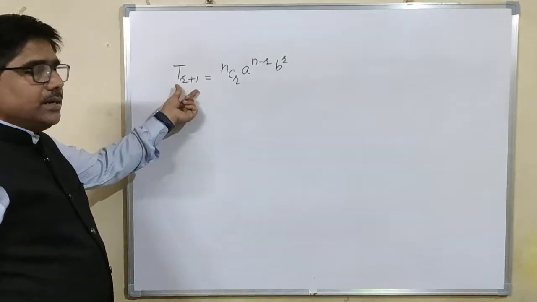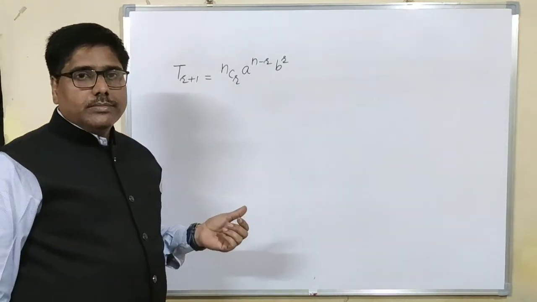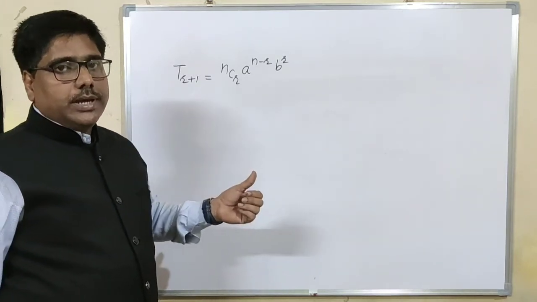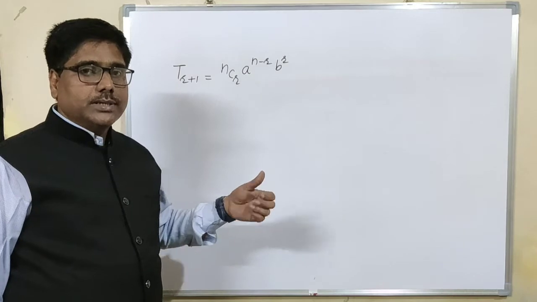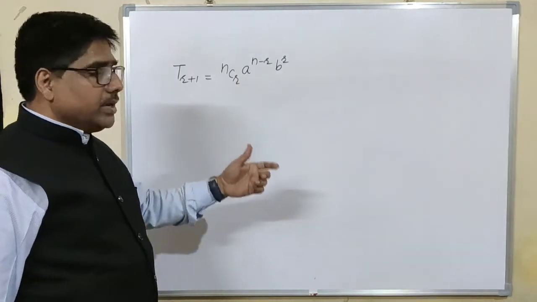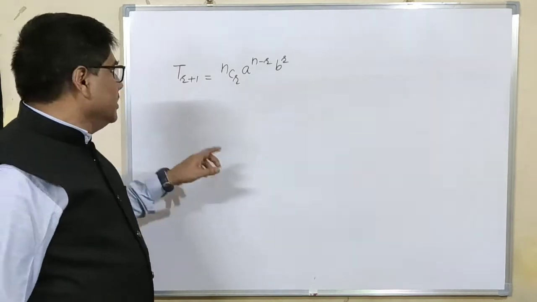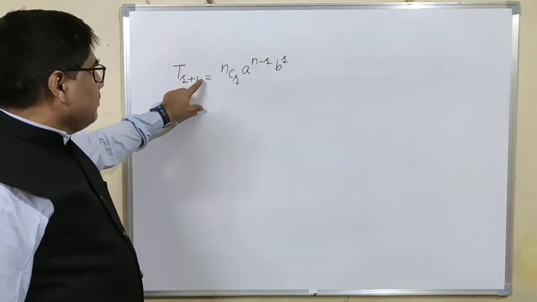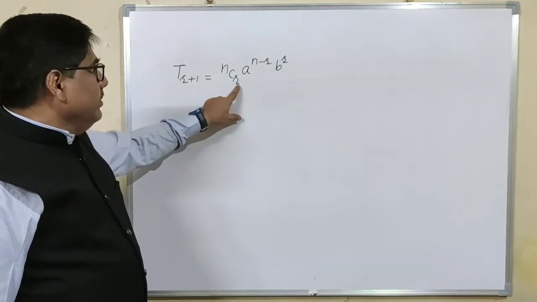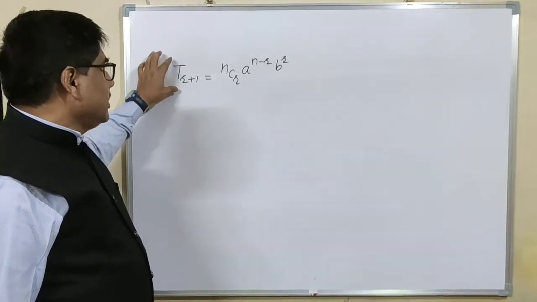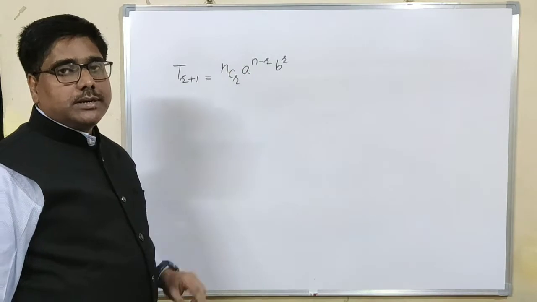The reason is that in the binomial theorem, the first term is nC0 a raised to n b raised to 0 and the second term is nC1. In the second term we are getting nC1. That's why in the (r+1)th term we will get this r term. That is the reason why we are taking T(r+1) as the general term.